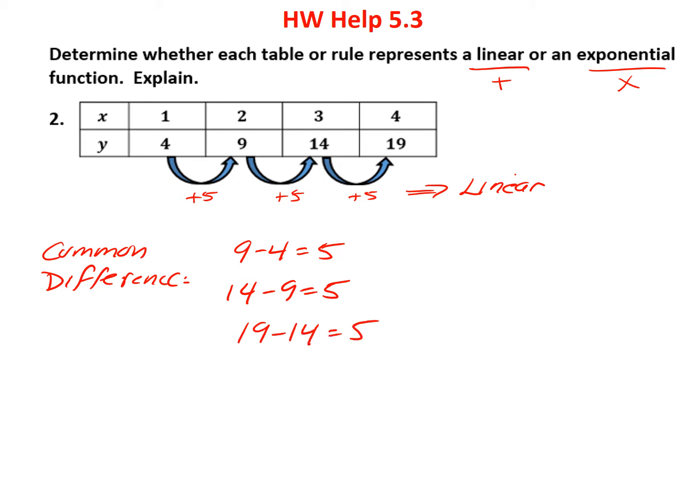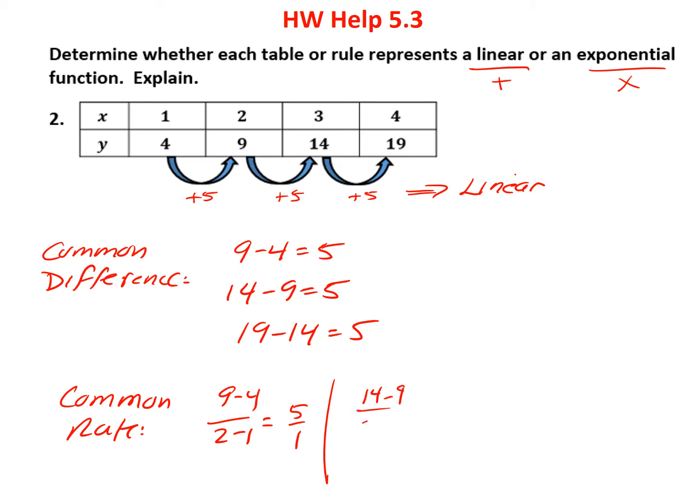It also has a common rate, which you'll notice between these two: 9 minus 4 over 2 minus 1 is 5 over 1. And if we move to the next one, 14 minus 9 over 3 minus 2, this is kind of like figuring your slope between these points, is 5. And the last one, 19 minus 14 over 4 minus 3, is also 5 over 1.